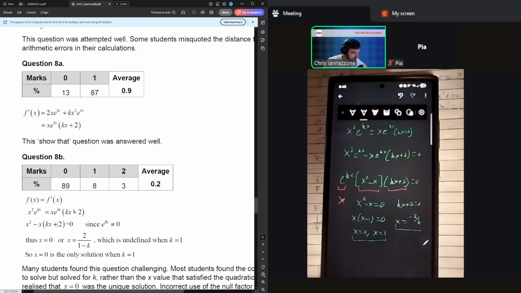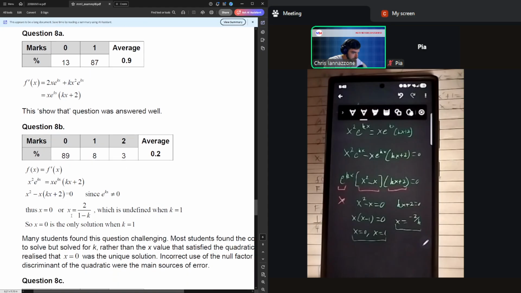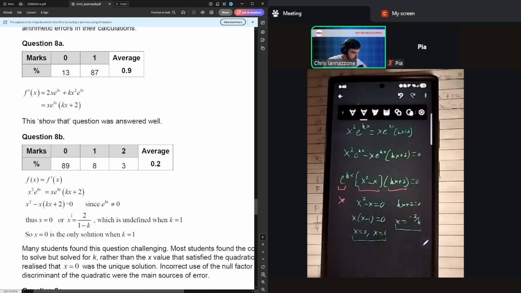And take x out the front as another common factor. Have a look at this version here. If I shove in x equals 1 here, does it work out?